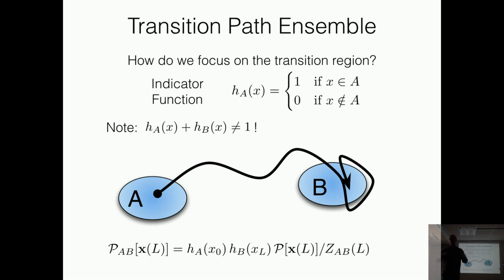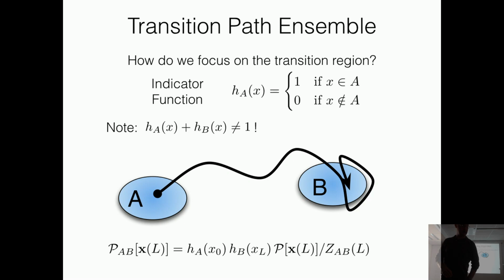We put a restriction on all the trajectories. This is taking the regular probability for all the trajectories that there could be, and we require that the trajectories start in state A and end in state B. If it started in A and ended in B, then there was a transition. And so this is how we create the transition path ensemble.